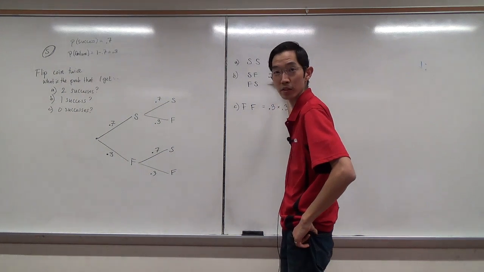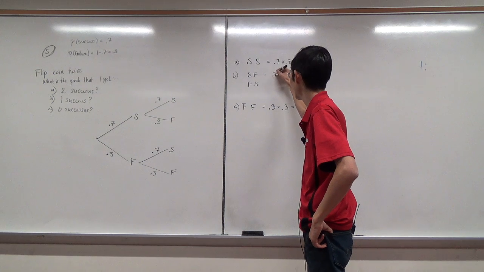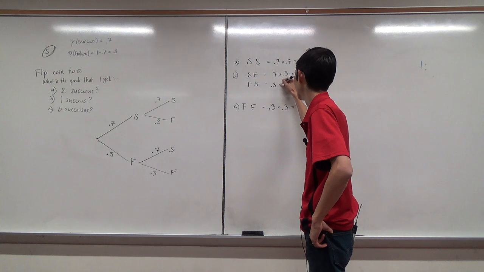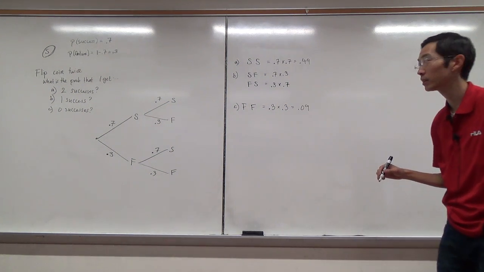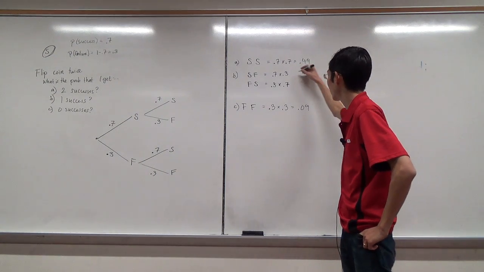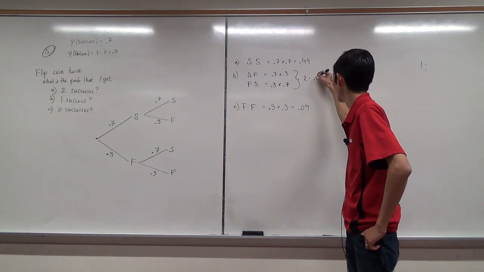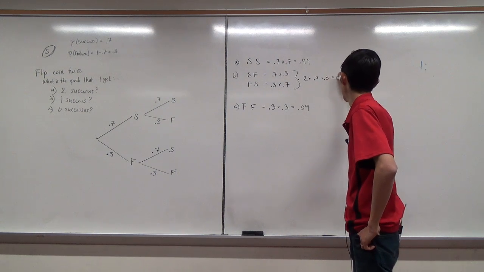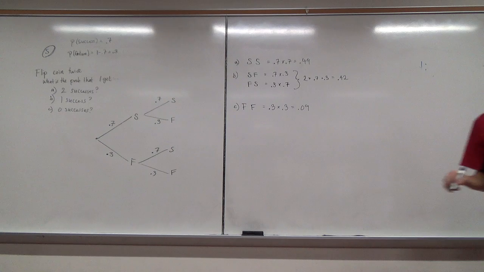These are different things, right? So success and then failure would be 0.7 times 0.3, and then failure and then success would be 0.3 times 0.7. Both of these have 0.7 and 0.3, so I could just say this combines to 2 times 0.7 times 0.3, and I would get 0.42.